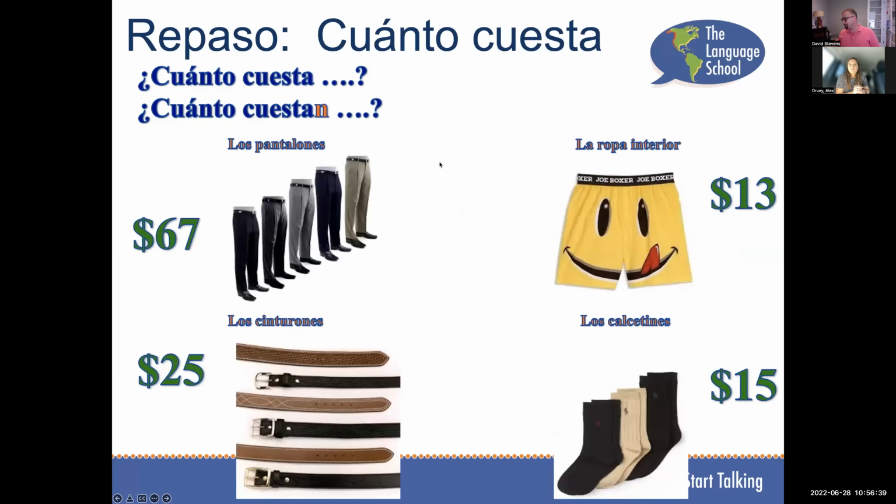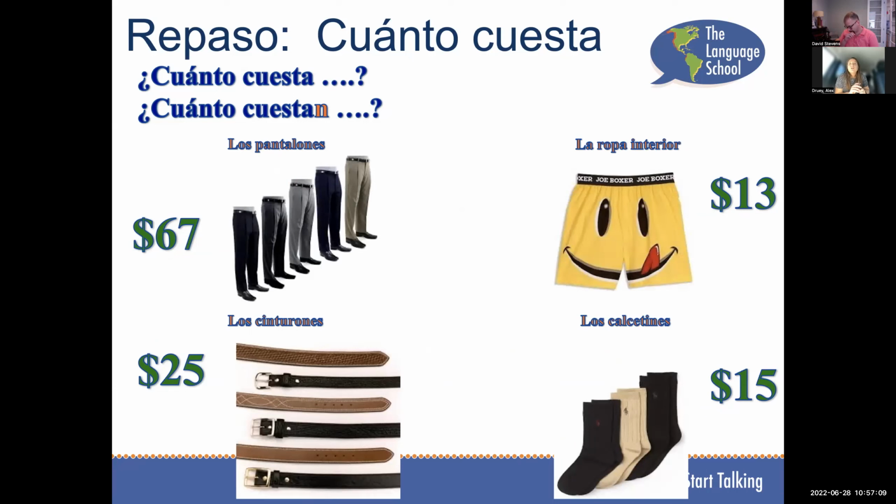¿Cuánto cuestan los pantalones? Los pantalones cuestan $67. ¿Cuánto cuesta la ropa interior? La ropa interior cuesta $13. ¿Cuánto cuestan los cinturones?